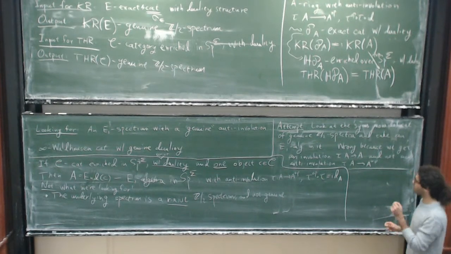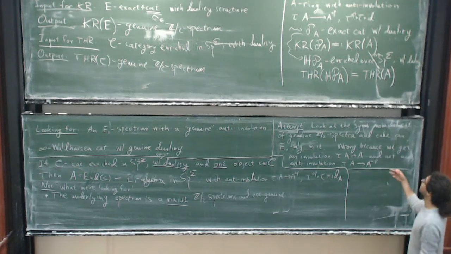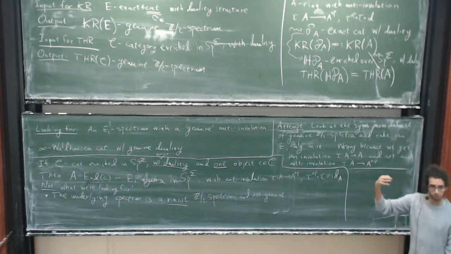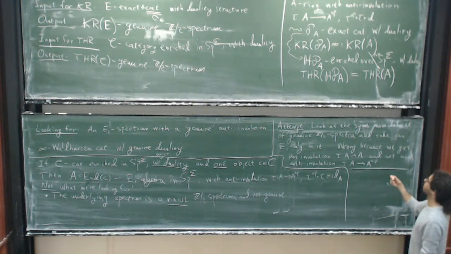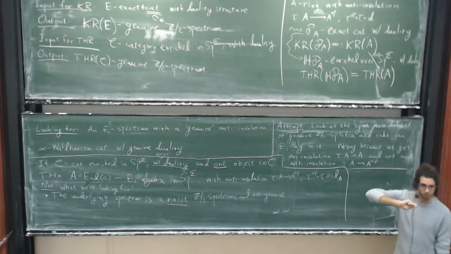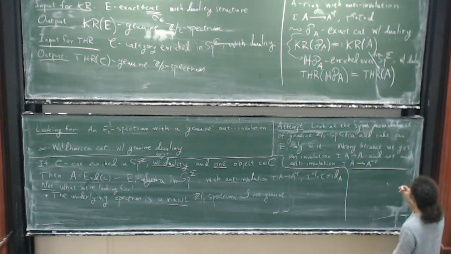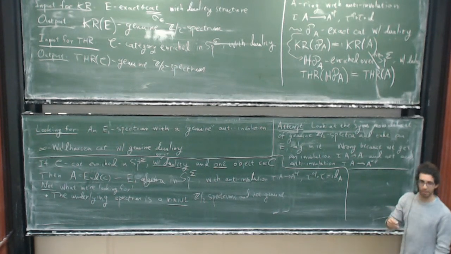Okay, just one more thing before I go to actually doing the positive thing. I want to show that there is even more structure that we want out of this, because if we just have a usual ring with anti-involution, we can do all sorts of stuff. For example, we can take norms.